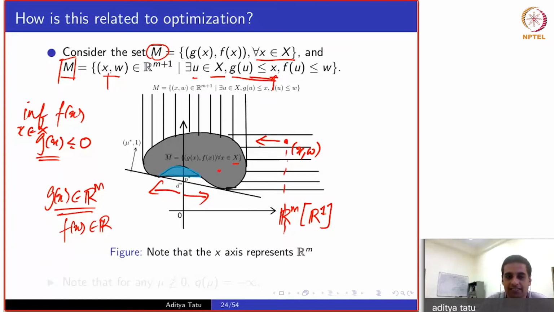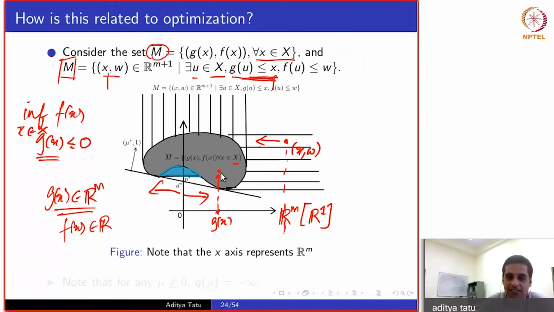So if I take this point, where does this point come from? It comes from this set, right? What is the x coordinate value at this point? It is g(x). Is g(x) less than this x? Yes, sir, it is. So the first condition is satisfied.